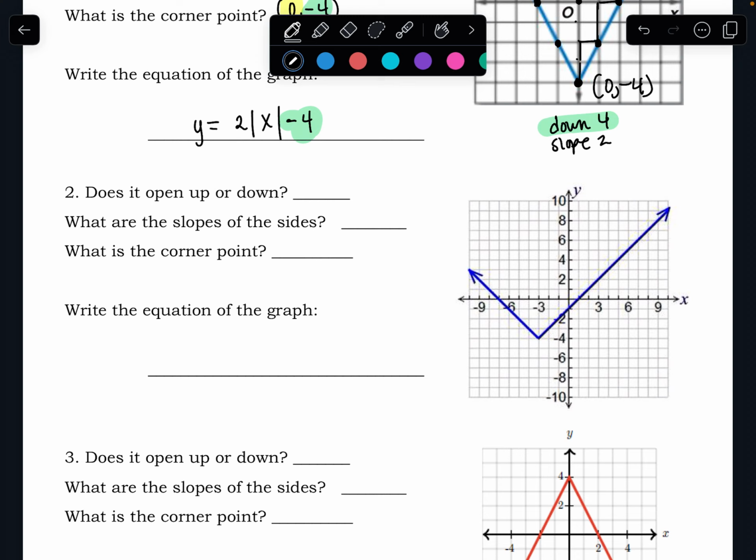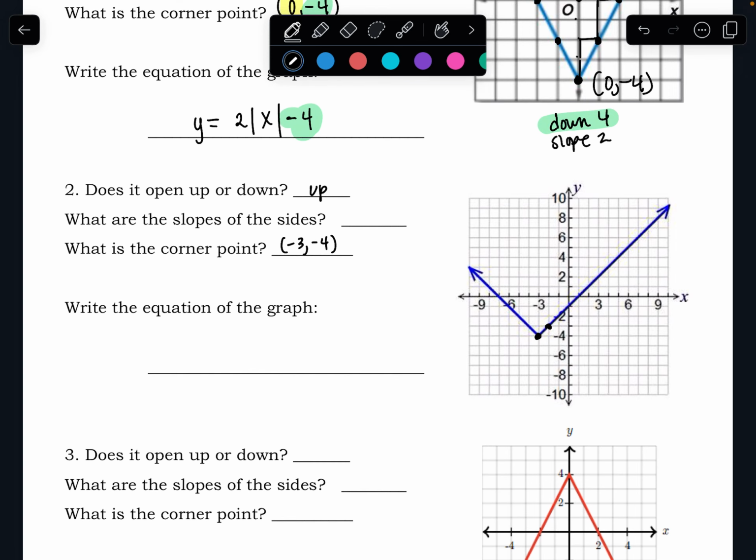All right, this next function opens up, so no negative. And then our corner point, critical point, vertex is negative 3, negative 4. And the slopes of the sides, let's put some more points on here. Looks like we're just going up 1 over 1, up 1 over 1 on each side.